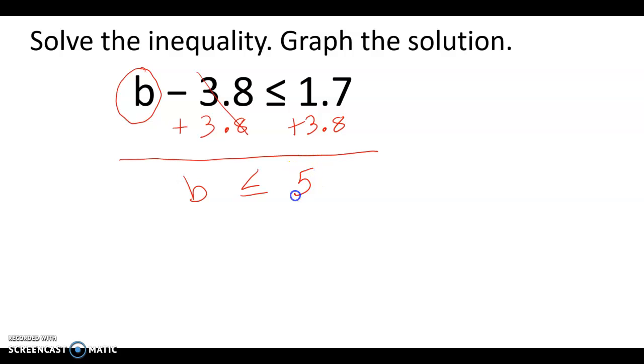We get 5.5. So on your number line, you would find where it's 5.5. The circle would be closed because it does say equal to. So you shade the circle, and less than goes to the left. So 5.5, circle's closed, going to the left.